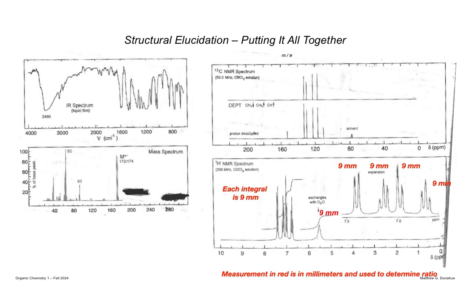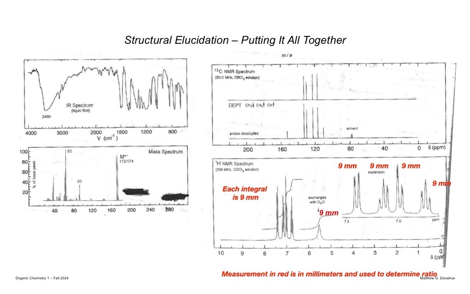So what we'll finish off today with is looking at this data set and then trying to predict a structure. So this time we'll actually go through all these questions one by one, so you can see the logic evolve through it. But again, at this point, you should be familiar with identifying that's an IR spectrum. This is mass spec, carbon, proton, and what are the key signatures we want to pull out.